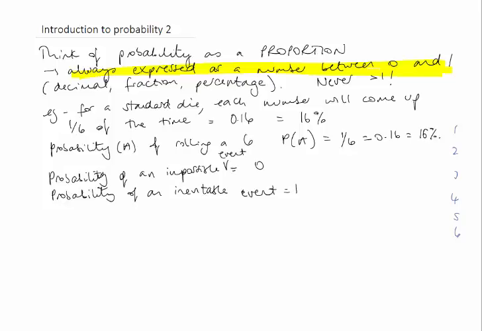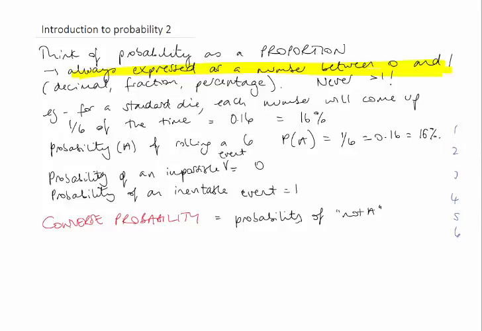Now I've got another idea to talk about, which is converse probability. That means the probability of not A. So for example, if we're talking about rolling a 6, then not A would be rolling a 1, a 2, a 3, a 4, or a 5.